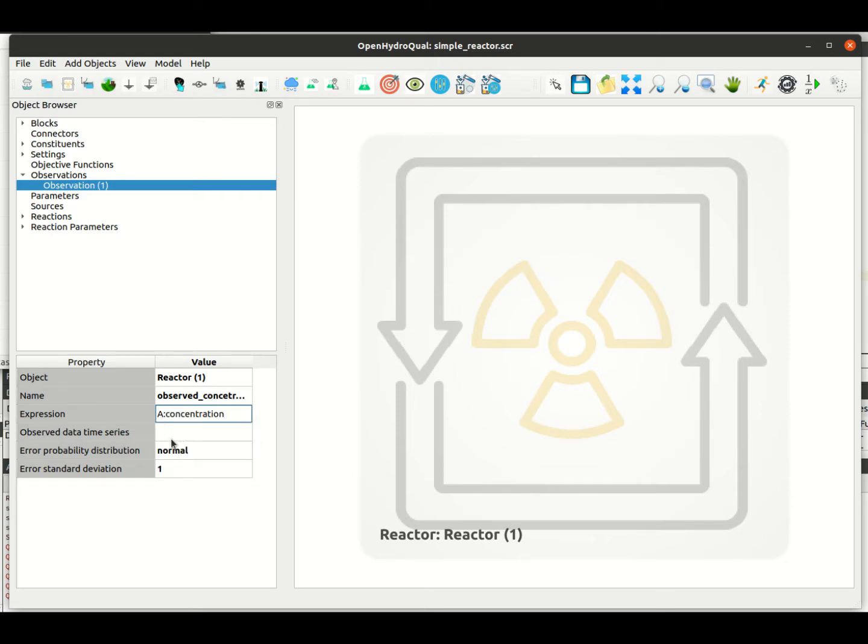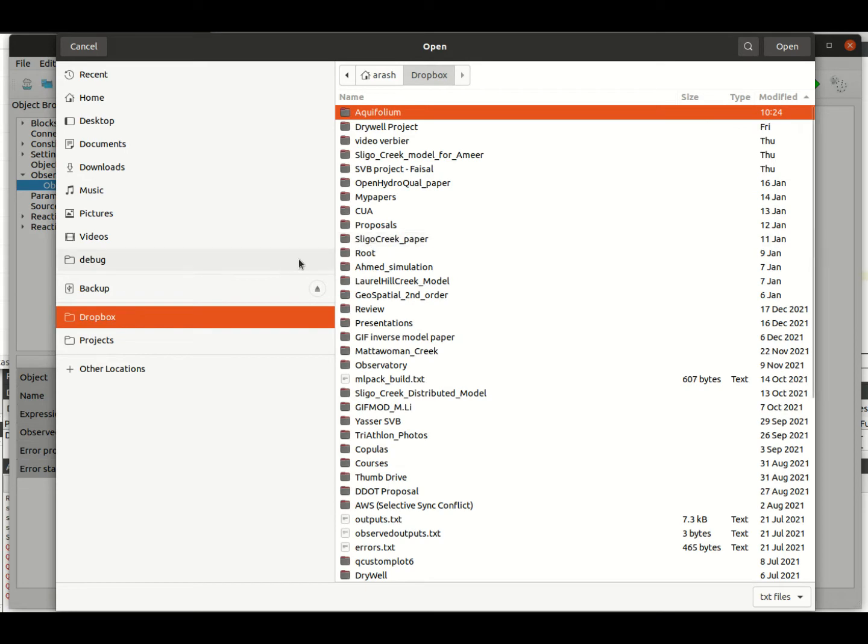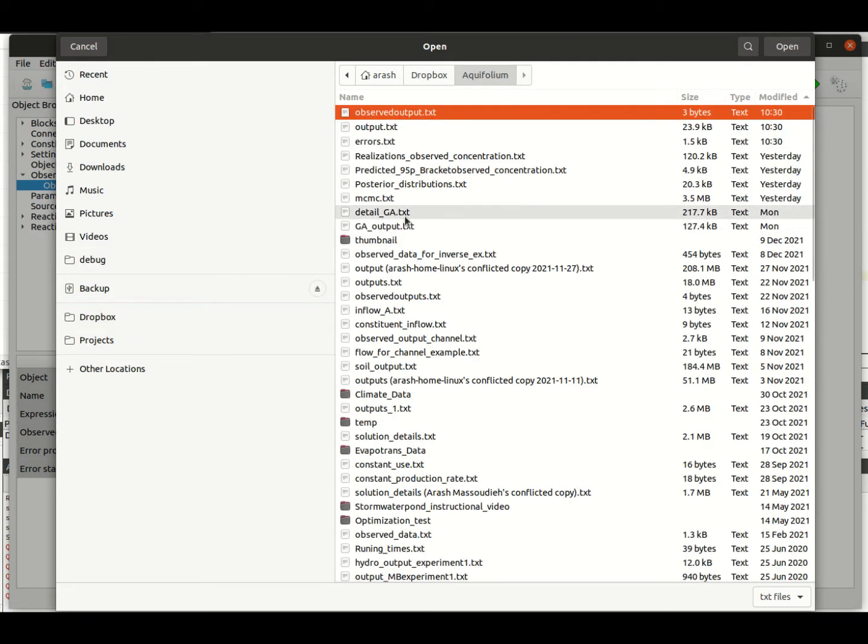That means what this data represents is the concentration of species A. For the observed data, I have this time series data, which I'm going to provide the link to in case you want to try this.